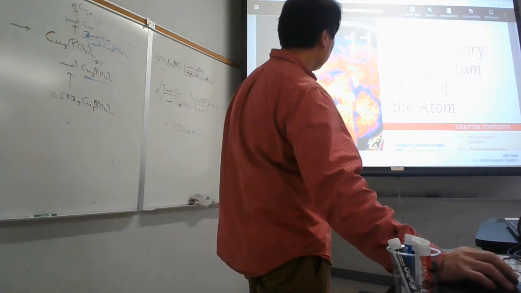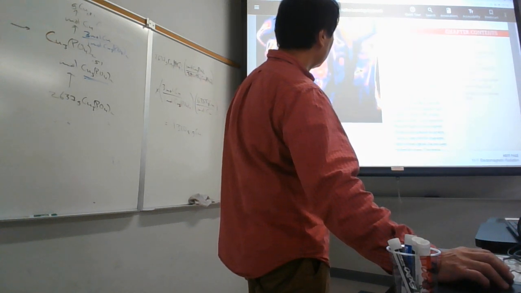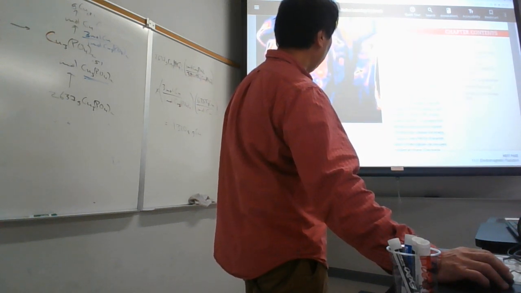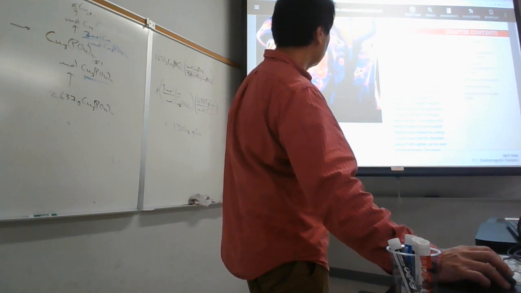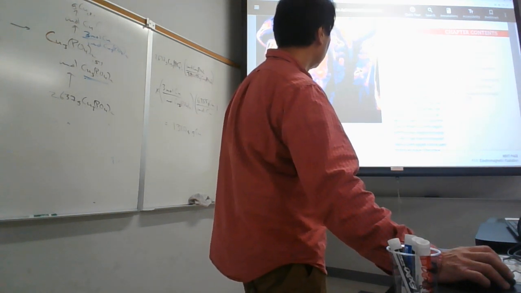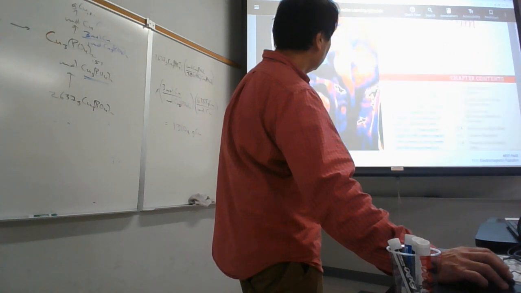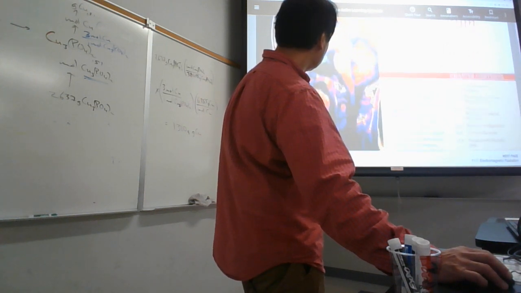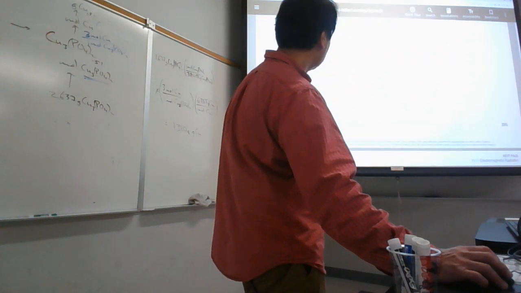We have to revisit the atom because we need to know about the properties of atoms. In order to better understand the properties of the atoms, we need to know the structure a little bit better. And so in atomic theory part 2, we're looking at what's happening with electrons in the atoms.